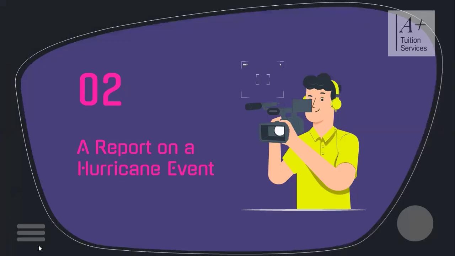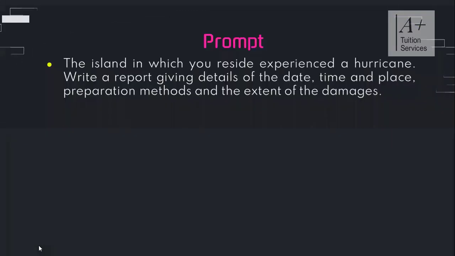Moving on. Now we're going to look at a report on a hurricane event. And a hurricane is a storm with wind speeds up to 120 kilometers per hour. So this is severe when you think about it. Houses are ripped off the floor, trees are uprooted, etc. Okay.